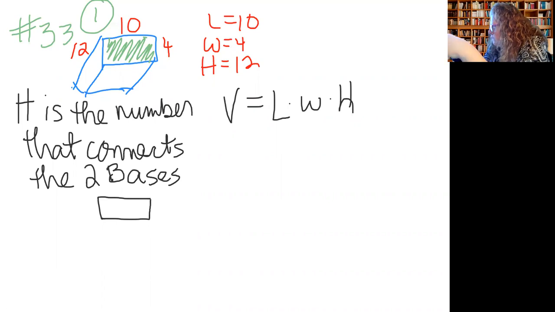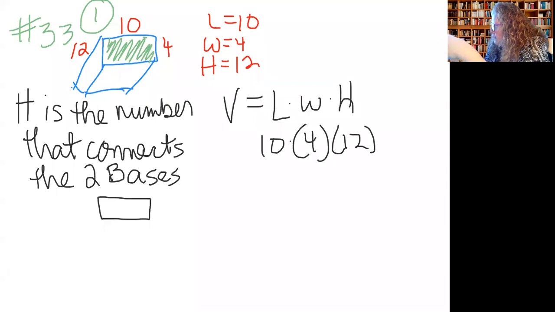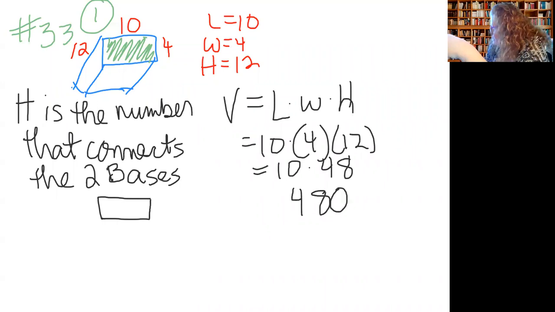Okay, so length is 10 times 4 times 12. 4 times 12 is 48 times 10. Notice I can do it in any order I want. Okay, so 480. In this case, it is centimeters cubed. Then you're done.